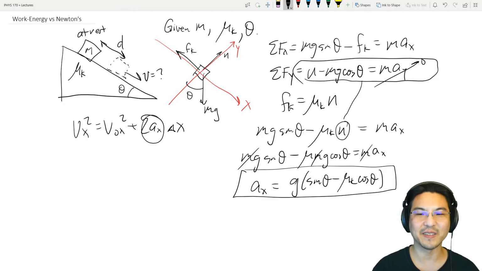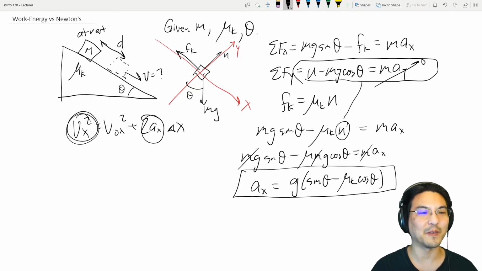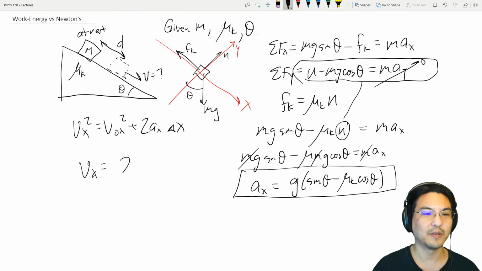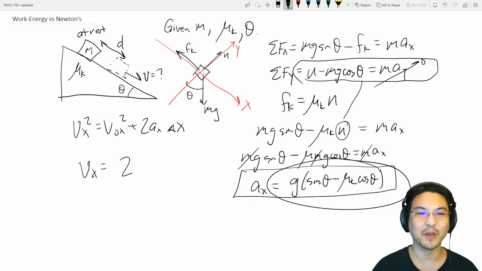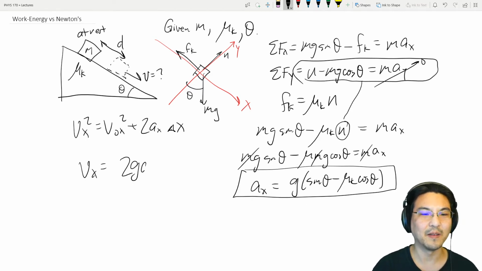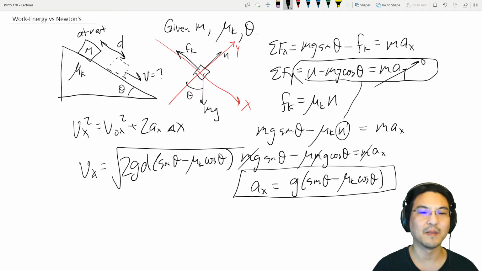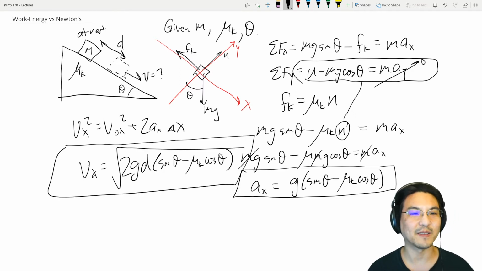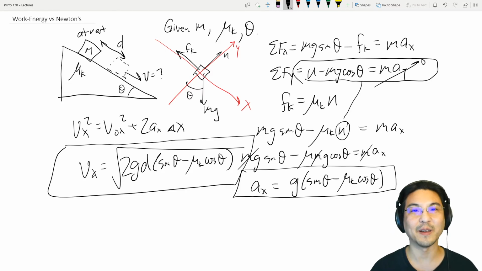The acceleration is this. We started at rest, and we're solving for the final velocity. So that's 0, and then 2 times this whole thing times d. Okay, so this is the speed after the block slides some distance d down the ramp.